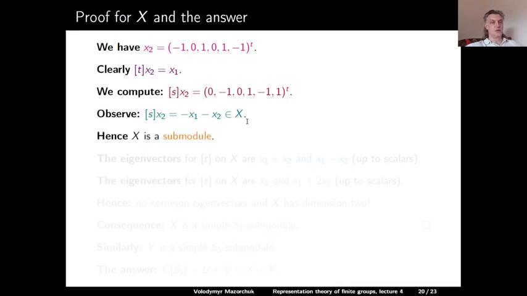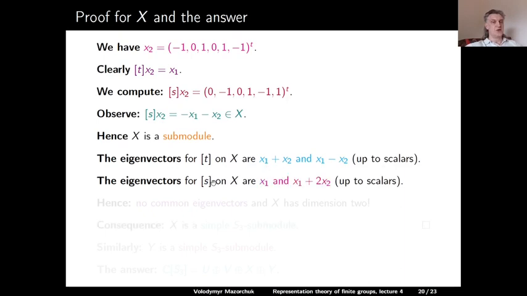So it's a submodule. The eigenvectors for the matrix of T on X are x1 plus x2 and x1 minus x2. This one has eigenvalue 1 and this one has eigenvalue minus 1, of course up to scalars. The eigenvectors for S on X are x1 and x1 plus 2x2. Also, this one has eigenvalue 1 by definition and this one has eigenvalue minus 1, and again up to scalars.